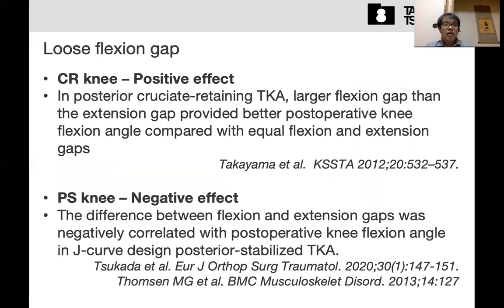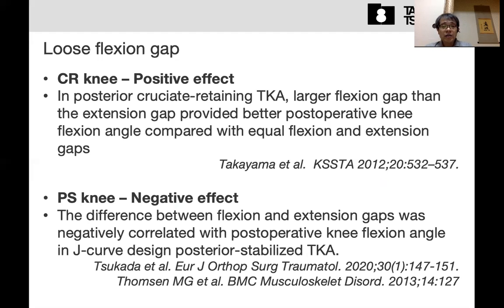So the last topic to get the high flexion is still controversial: is a loose flexion gap a positive effect or a negative effect? Roughly speaking, in the CR TKA, it can act as a positive effect.